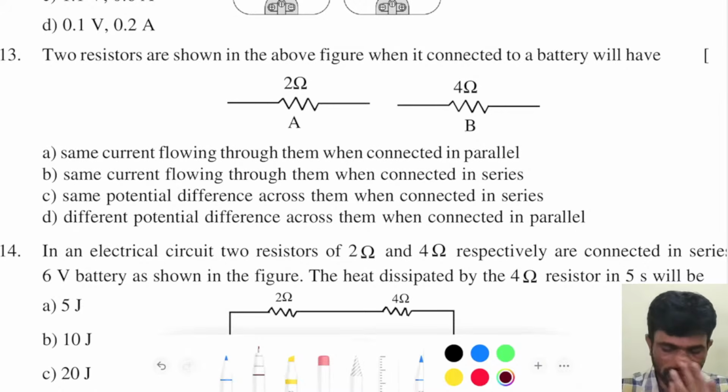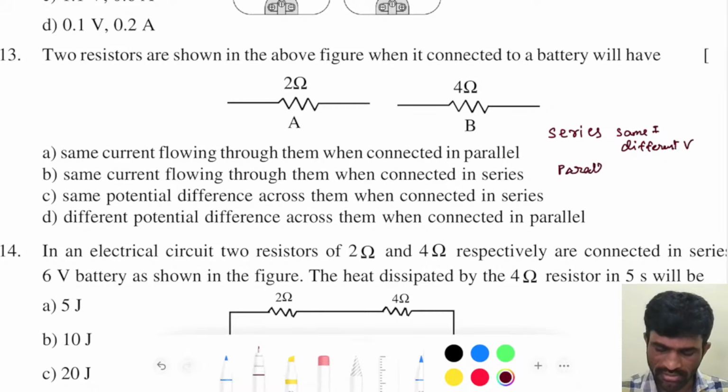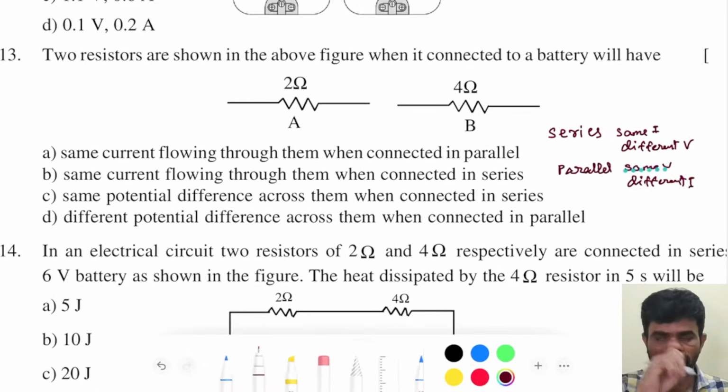Here you have to know this point: in series connection, same I, different V; in parallel connection, same V, different I. Now decide what the correct option is.